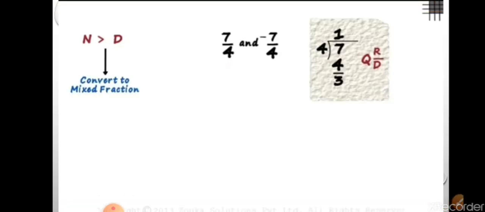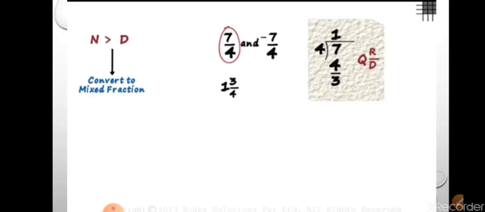See here, 7 upon 4 we have changed into a mixed fraction by dividing. Then what will it come? It will come 1 whole 3 upon 4.